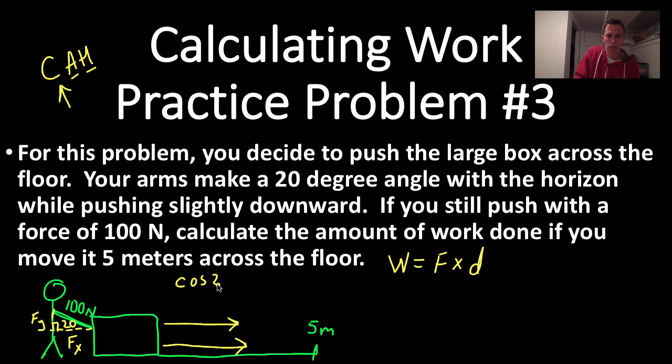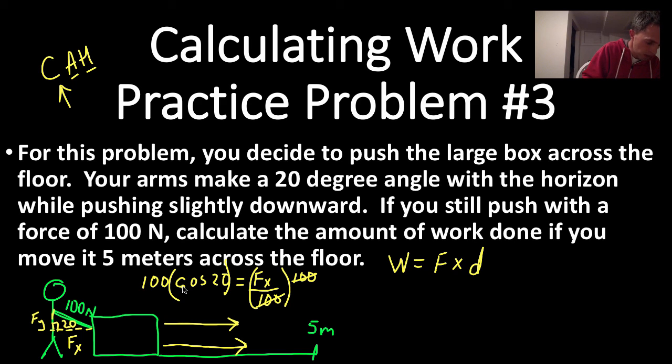Cosine of the angle, which is 20 this time, is equal to adjacent, which is Fx, all over the hypotenuse, which would be 100. Okay, again, we're going to try to get Fx by itself. We're going to times each side by 100. On the right side of this equation, the 100s cancel out, and so we're left with the force in the x direction is equal to 100 times the cosine of 20.